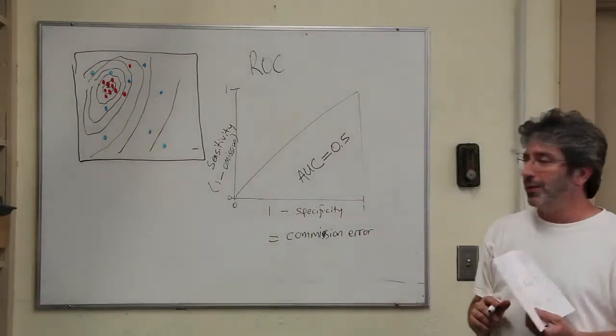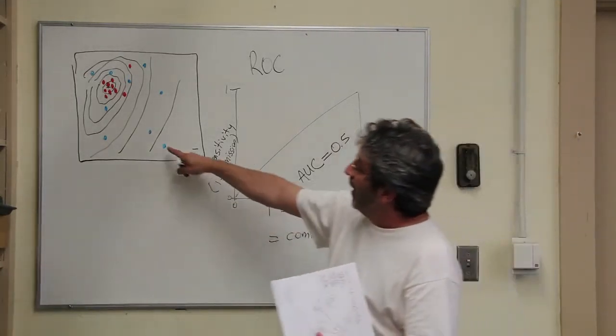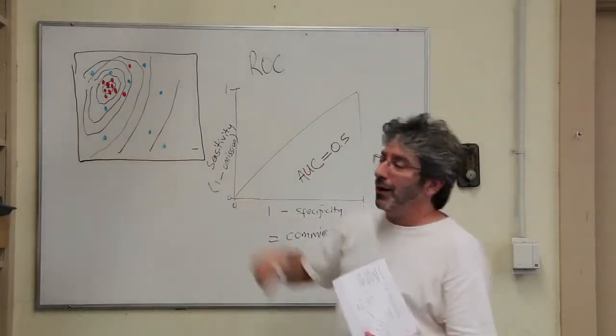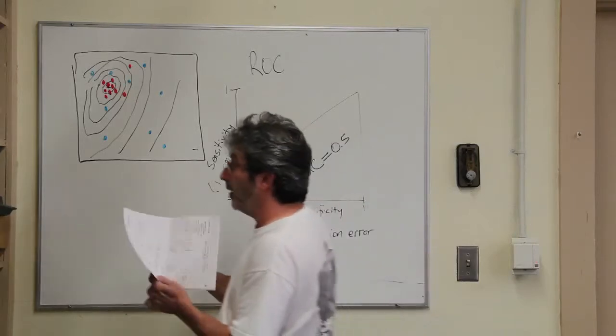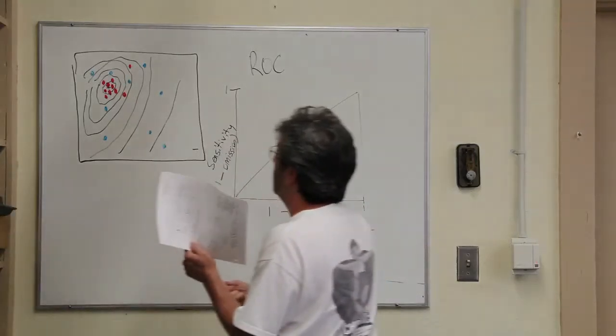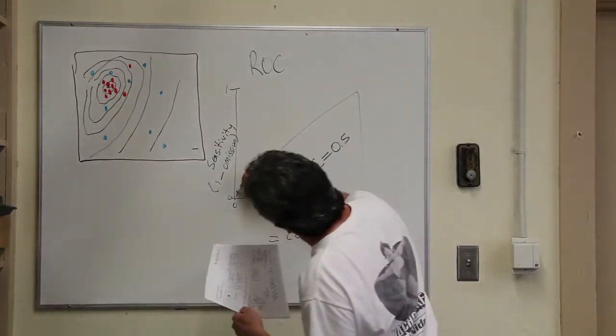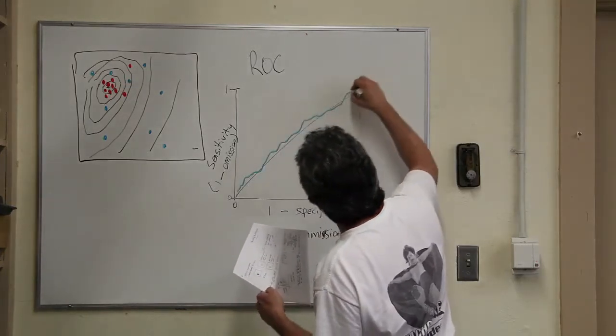That's for a random classifier. Now, our blue data are pretty close to random, and so the bad model predictions are going to look like that.